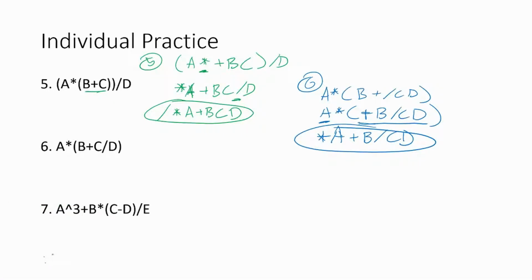Okay. Number 7. So PEMDAS, I have my parentheses, and then I'm going to do my exponent. I have multiplication, division. So let's go ahead and get started. Parentheses first. Then exponent.